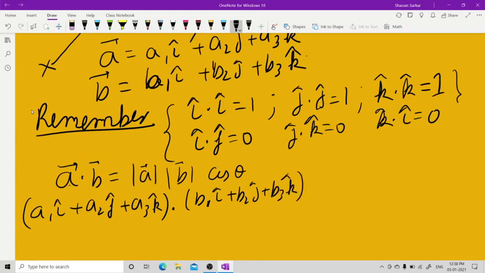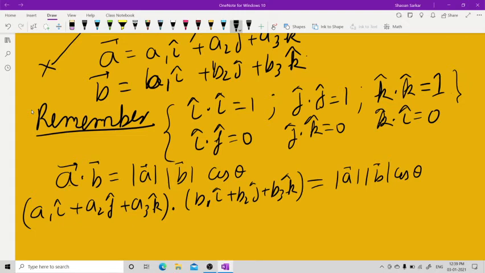Now, this equals modulus of A vector, modulus of B vector, cos theta. Now, how to find this modulus? I'll tell you this multiplication first, and then I'll make you understand how to find this mod A and mod B.